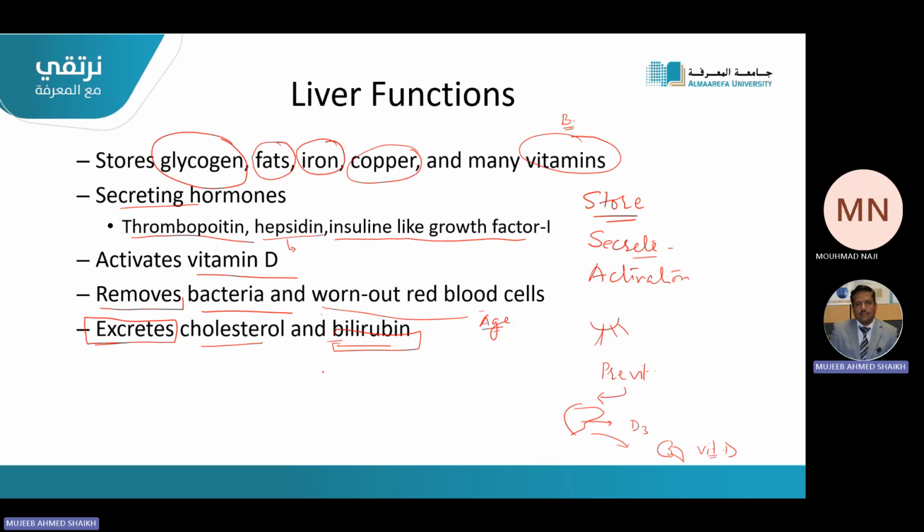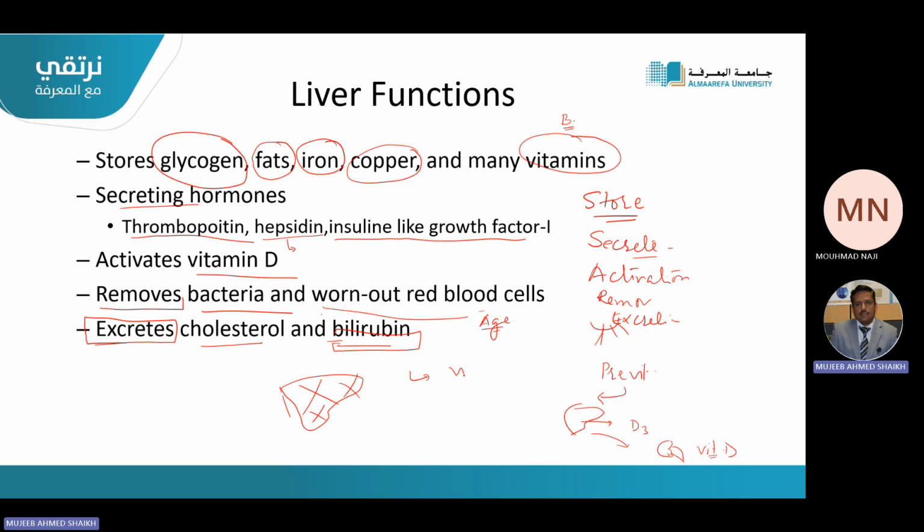Why should one know all these functions? Activation, then removal of the bacteria or worn out cells, and excretion. These are all functions of the liver. Why should we know? Because if a person is suffering from any liver disease, suppose the liver is damaged and not functioning, then there will be deficiency of all these things which the liver is performing.